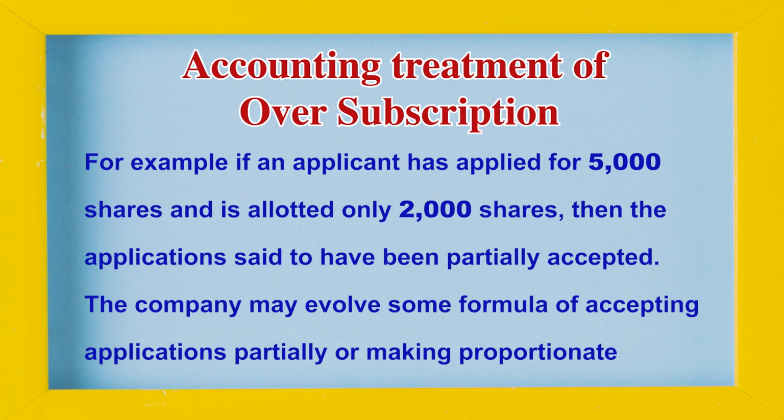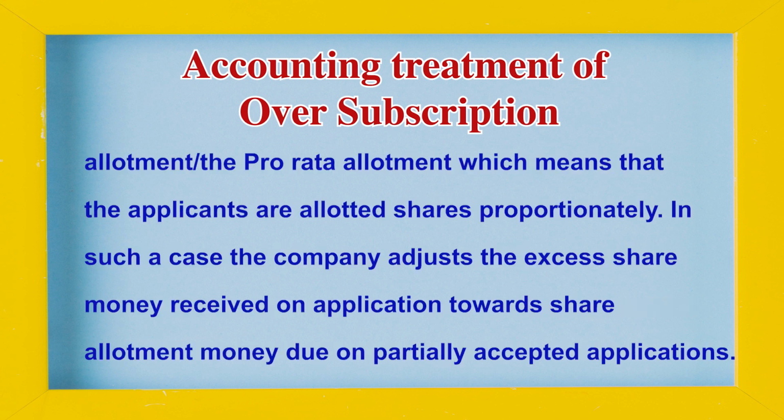The company may evolve some formula of accepting applications partially or making proportionate allotment, that is the pro rata allotment, which means that the applicants are allotted shares proportionately. In such a case, the company adjusts the excess share money received on application towards share allotment money due on partially accepted applications.